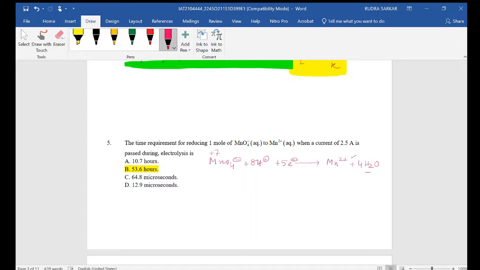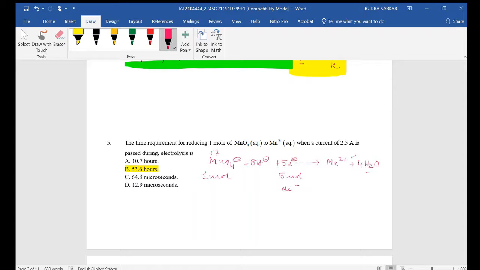Now what we understand is for 1 mole of MnO4 minus, 5 mole electrons are required to reduce it. That is what we have understood.